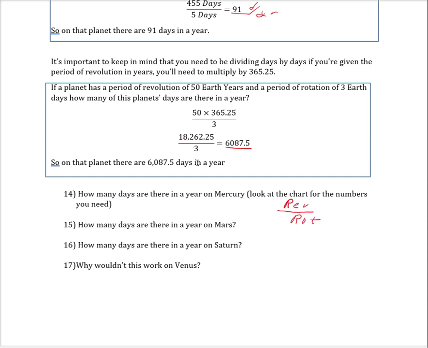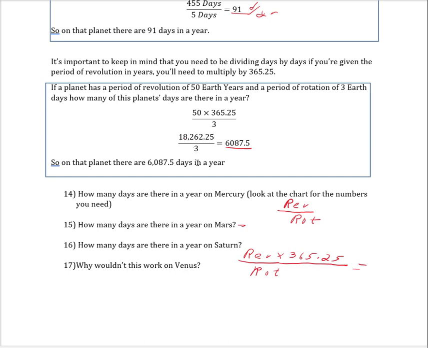Same thing for Mars. For Saturn, I give you the period of revolution in years. So it's the period of revolution divided by the period of rotation, but it's the period of revolution times 365.25, so that now you're dividing days by days.